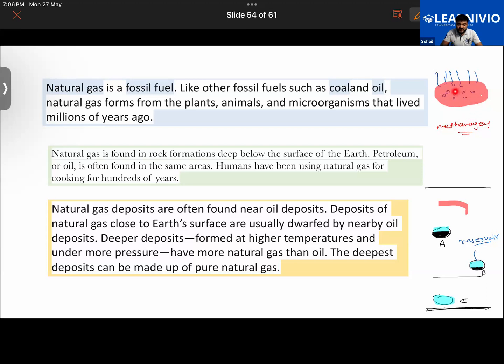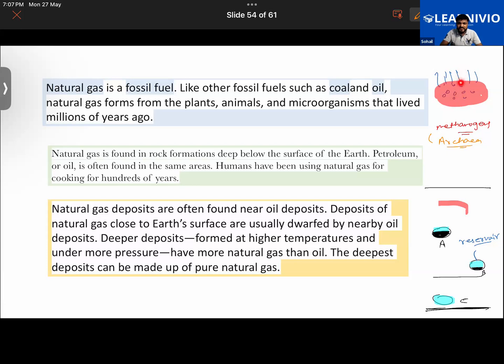These microorganisms will also be helping in the decomposition of the dead plants and animals, even other microorganisms. Not particularly bacteria, they are archaea actually. Archaea. Let me write it.